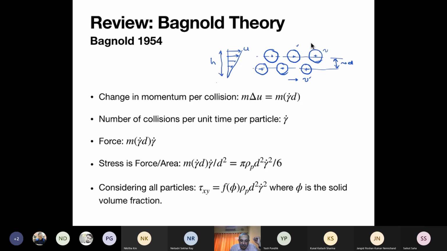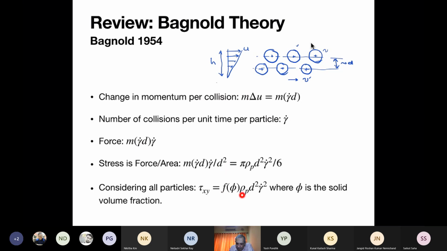Then we looked at a historical theory, the first one that was presented by Bagnold, 1954. And through just some simple arguments, like how much momentum will change per collision, that is mass times delta U, and then number of collisions per unit time, that's proportional to shear rate, and then you get forces given by rate of change of momentum, that is change in momentum per collision times number of collisions per unit time, and then stress is force per area, where area is just diameter squared.